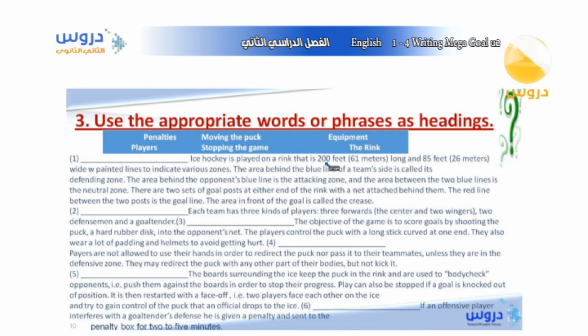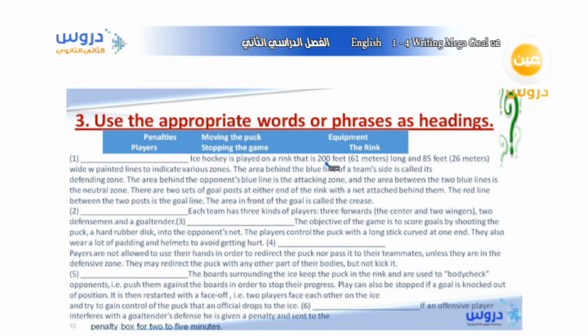There are 2 sets of goalposts at either end of the rink with a net attached behind them. The red line between the 2 posts is the goal line. The area in front of the goal is called the crease. So here we have a description of what?